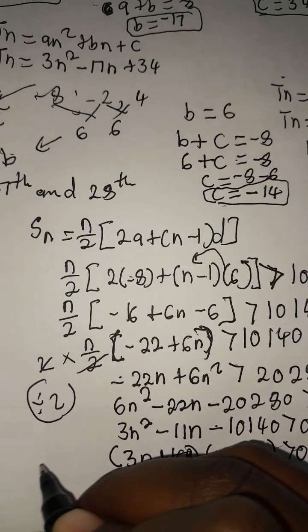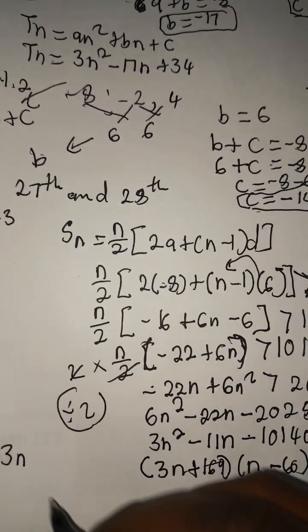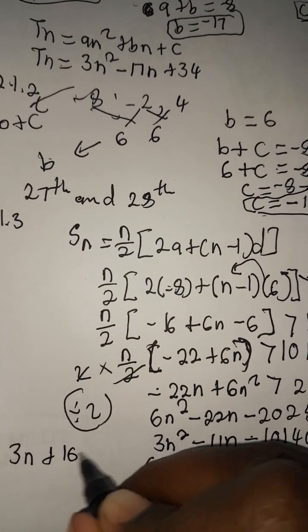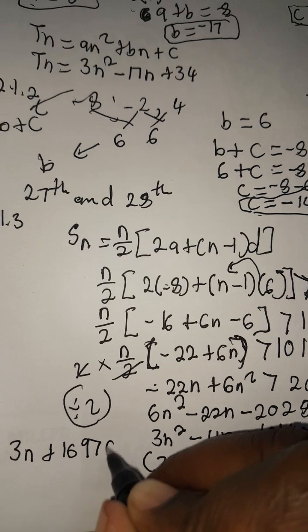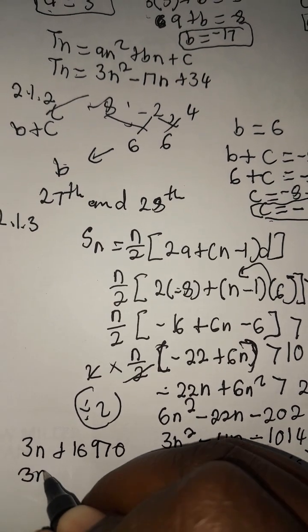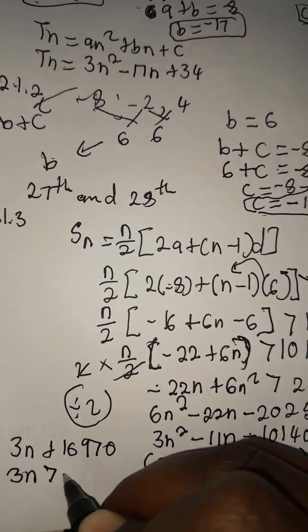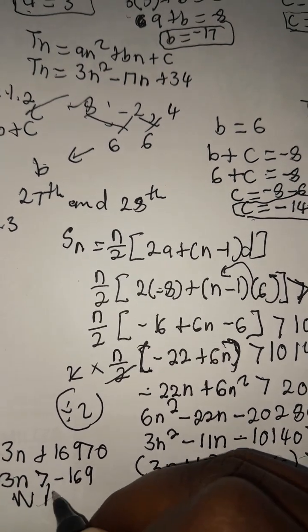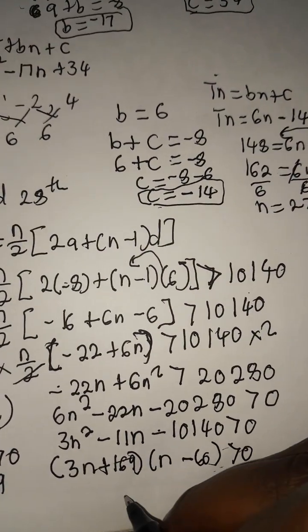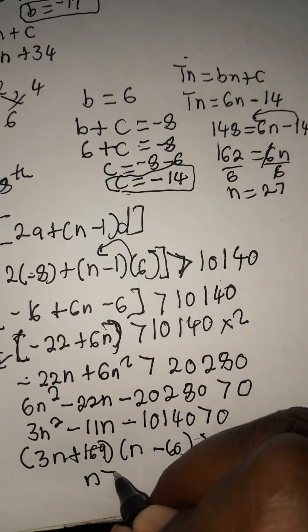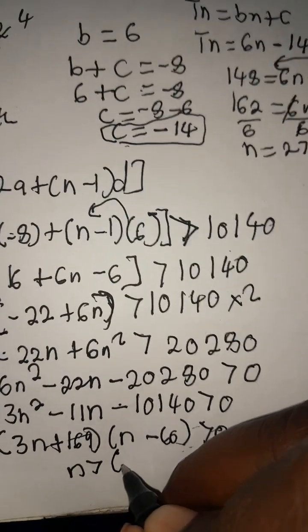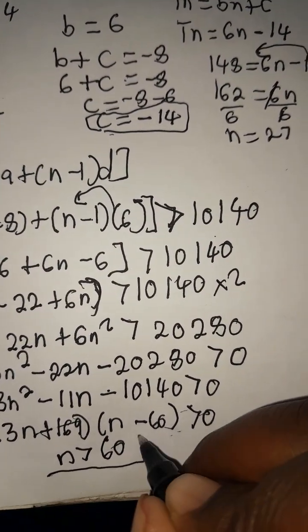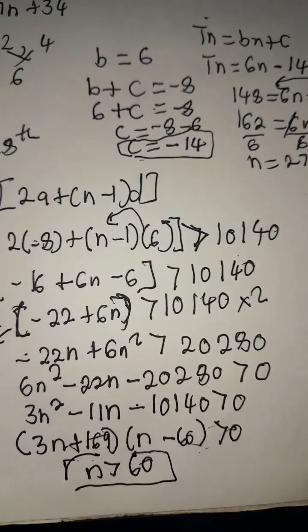By the look of things, 3n plus 169 greater than 0 will give us a negative pattern, so this is not applicable. So the best one that we have is that n is greater than 60.